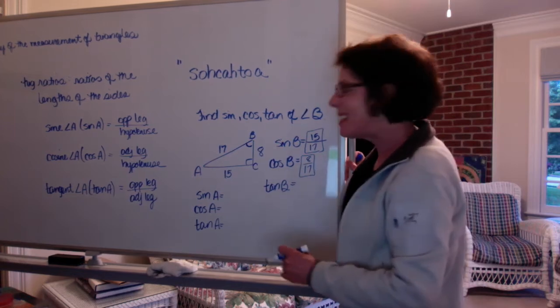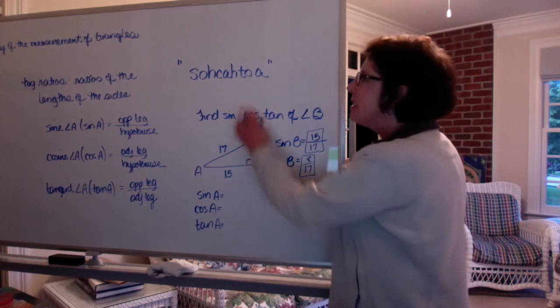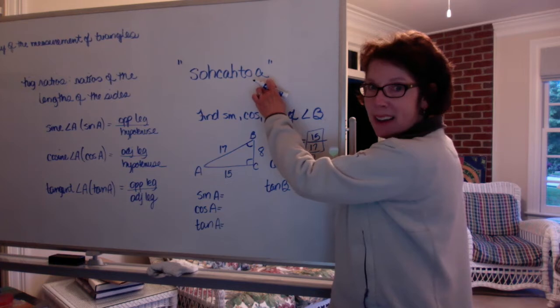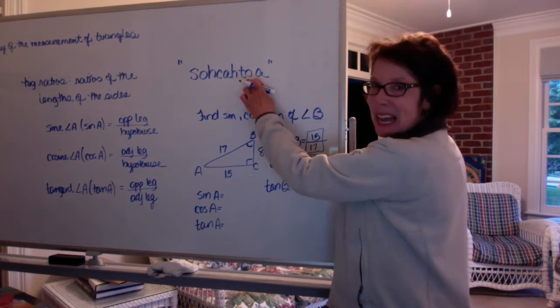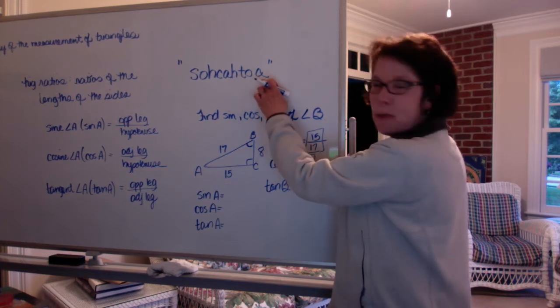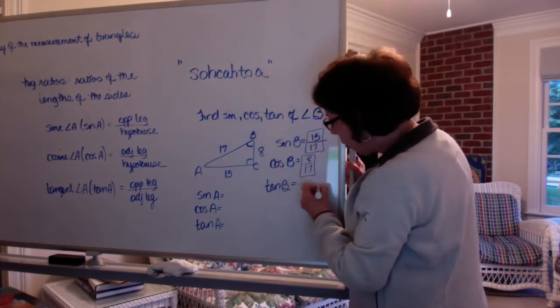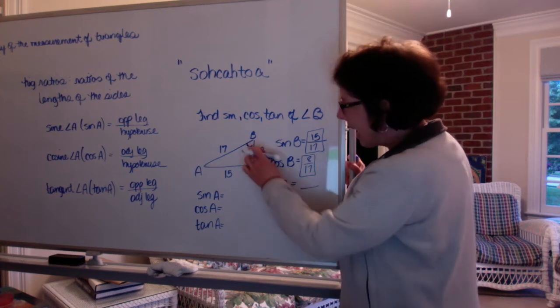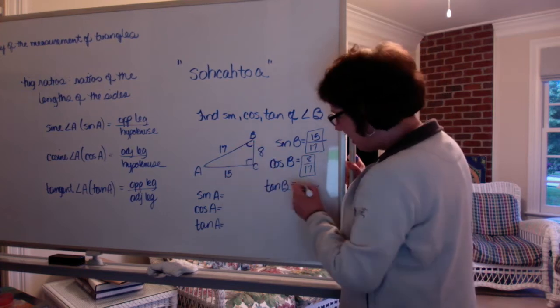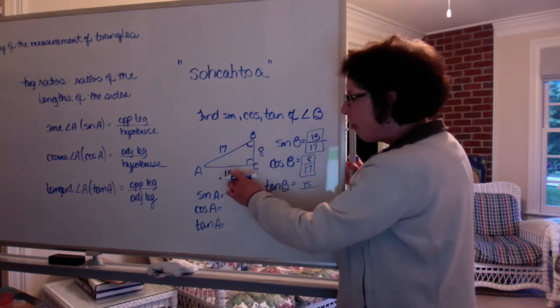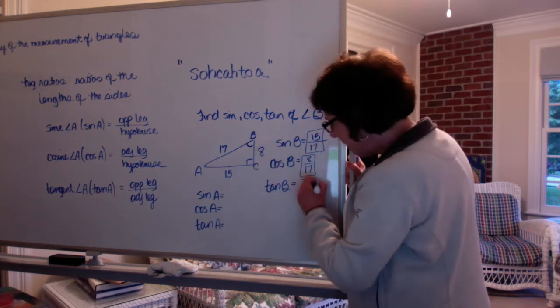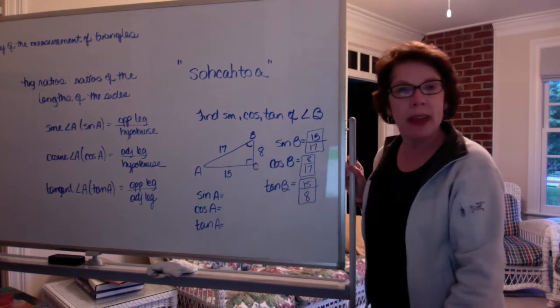And then what is the tangent of B? It's going to be TOA. It's going to be the opposite leg length over the adjacent. The tangent of B is going to be the opposite 15 over the adjacent 8. And there is the tangent of angle B.